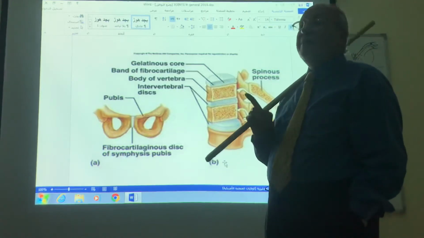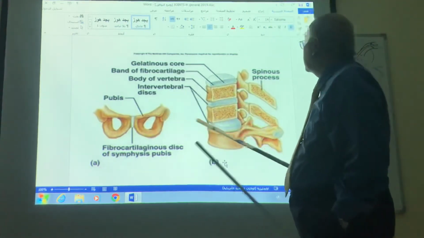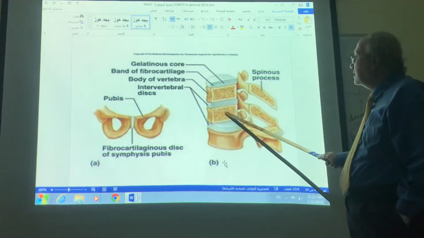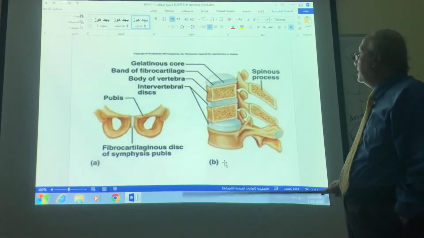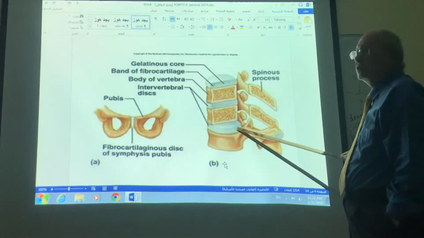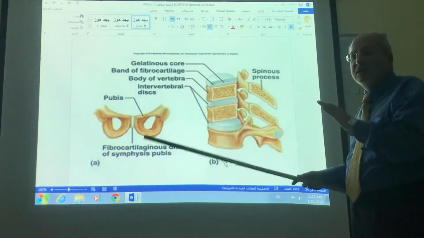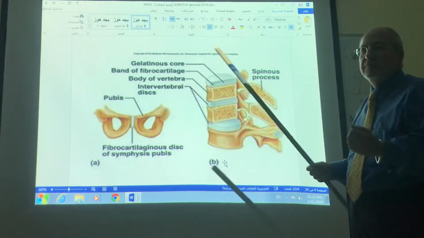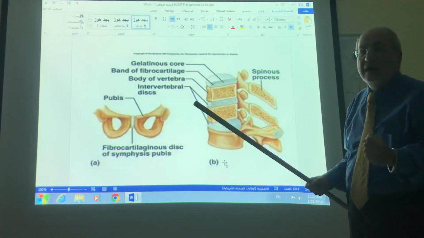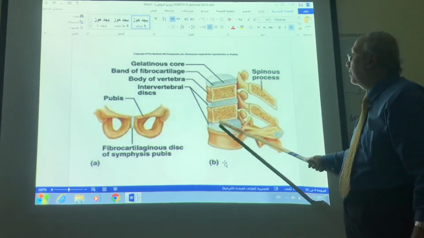The second typical example of a secondary cartilaginous joint is the vertebrae. In between the vertebrae, there is a disc of cartilage called the disc. Between means inter. Therefore, this is called the intervertebral disc.